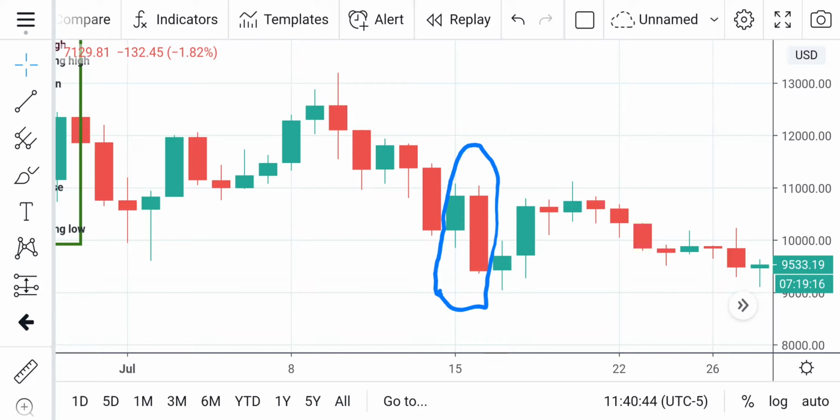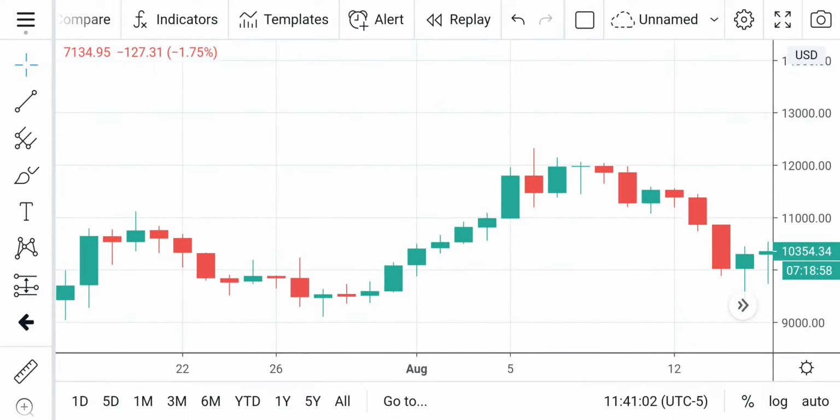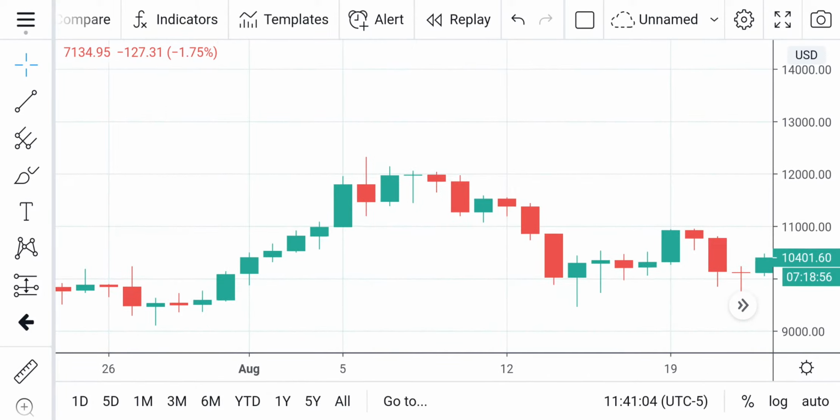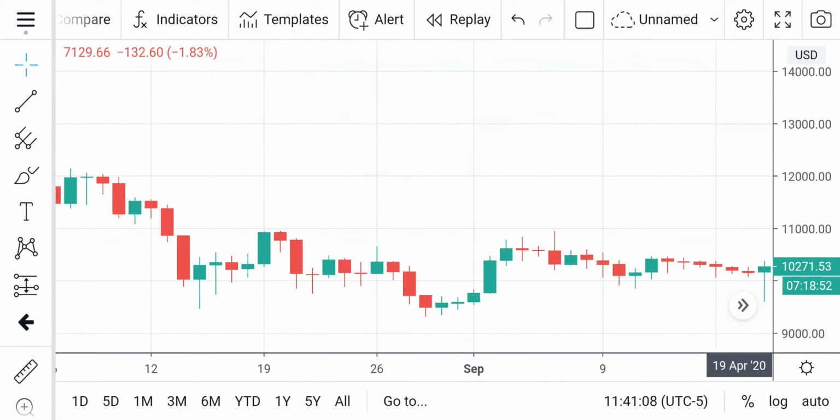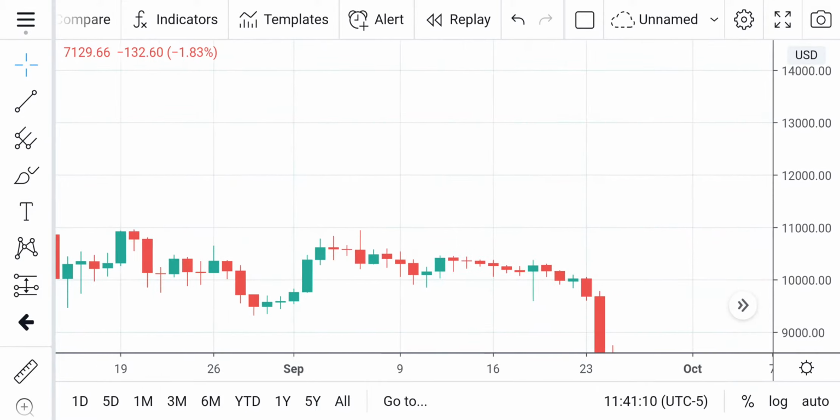Why we call it bearish engulfing pattern is because the bearish candle, that's the red candle, is engulfing the green candle. That is, it's covering the green candle. So that's it about the bearish engulfing pattern. So let's look at the bullish engulfing pattern.